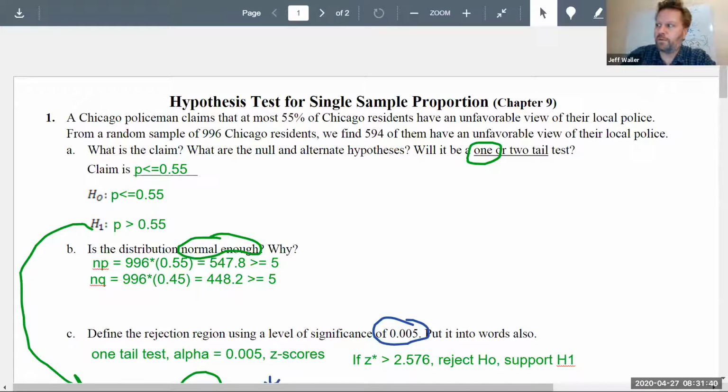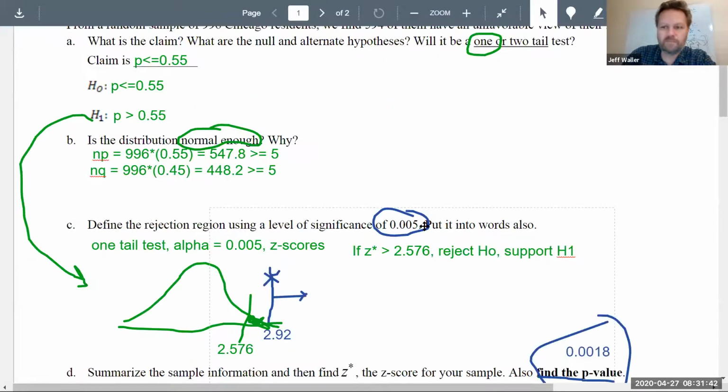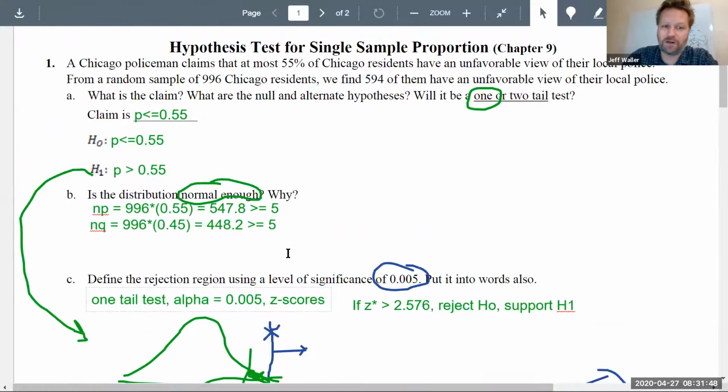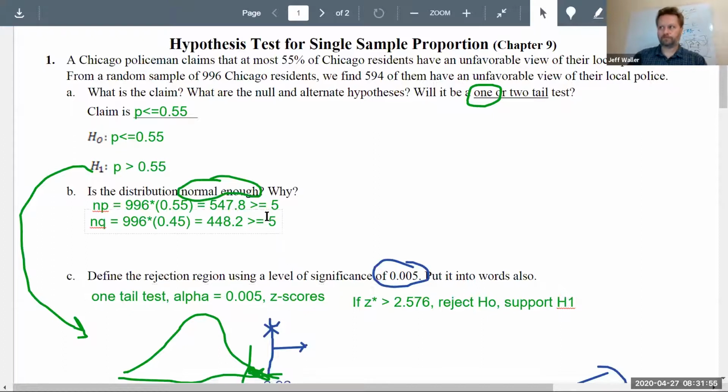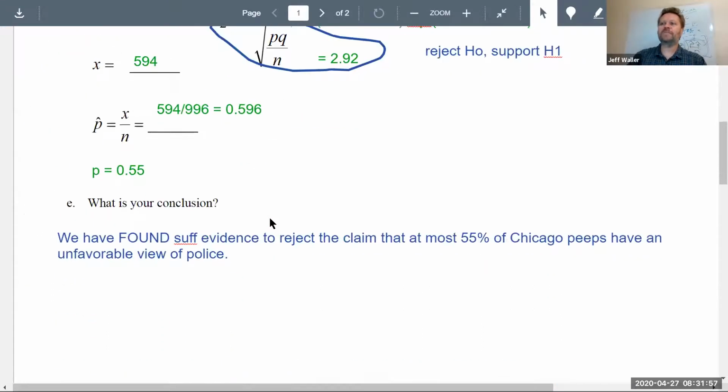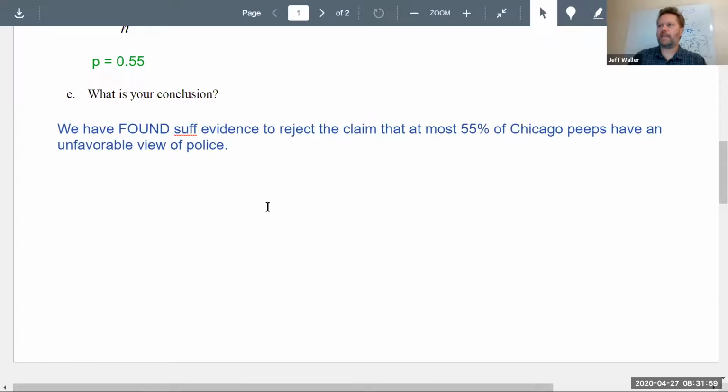There is a 0.005, a 0.5% chance that we're wrong. There's always a chance we're wrong because maybe we just happened to take a random sample that leaned one way or the other. So what are the types of error that I can make in general?